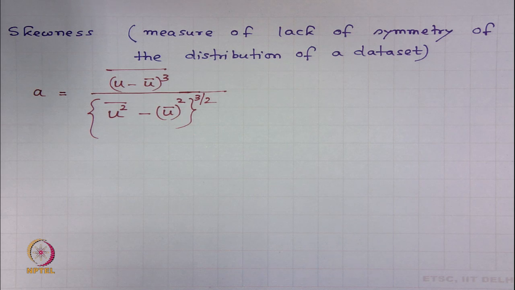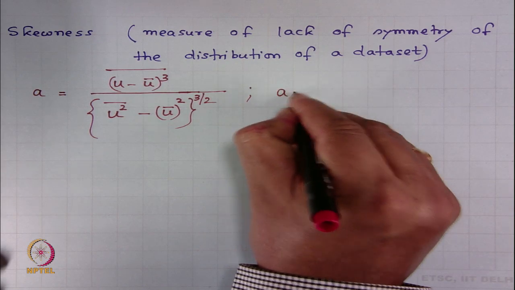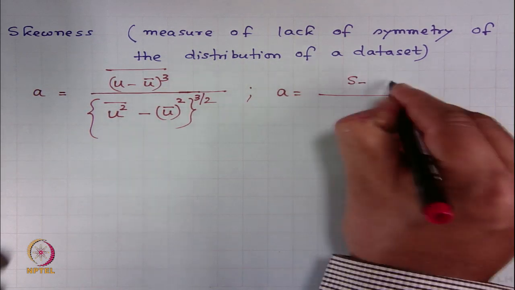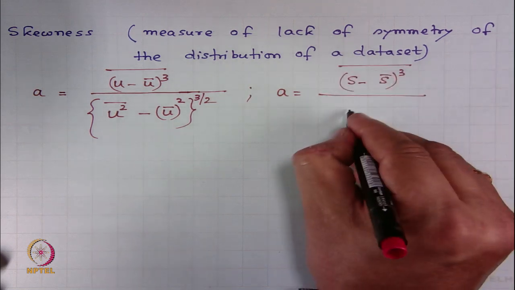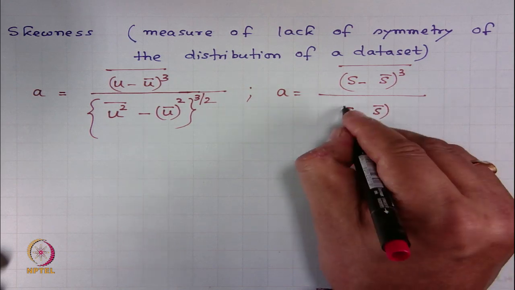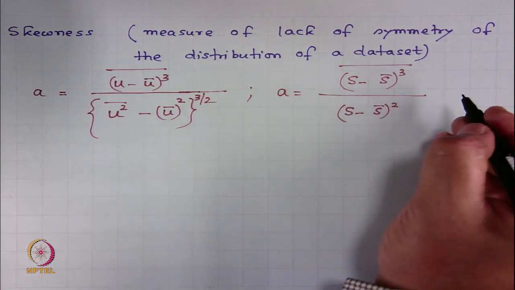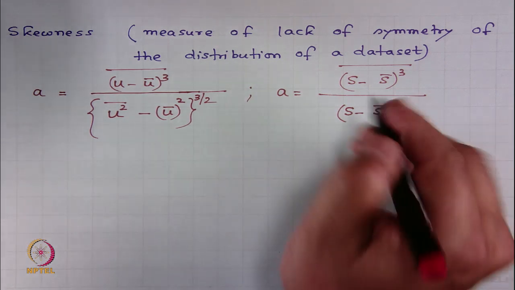If I use S minus, divided by square, S by square and to the power 3 by 2, is it not?